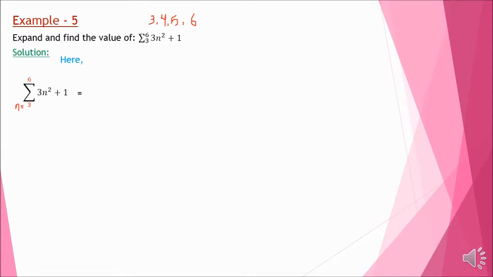Now first n takes the value 3, then 4, then 5, and n takes the value 6, only 6 because it runs from 3 to 6. They must be separated by plus signs because it's a summation. Summation means addition of the values.